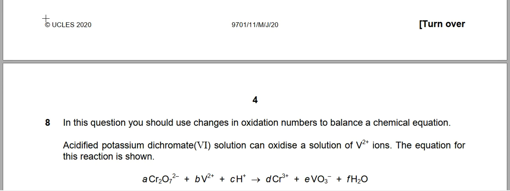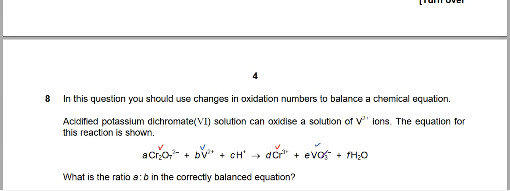How do we work out the half equations? We identify the species. We can see some changes in the chromium and some changes in the vanadium.